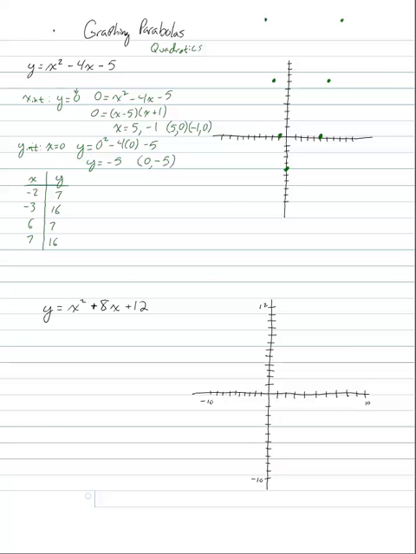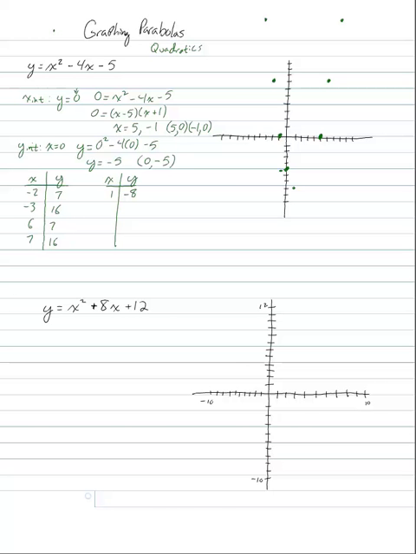Let's try in between my intercepts. I already know what happens if I put in 0: I got negative 5 down there. So let's try 1, 2, 3, and 4 and continue my little table. If I put in 1, 1 squared is 1, minus 4 is negative 3, minus 5 is negative 8. So (1, negative 8), right there.